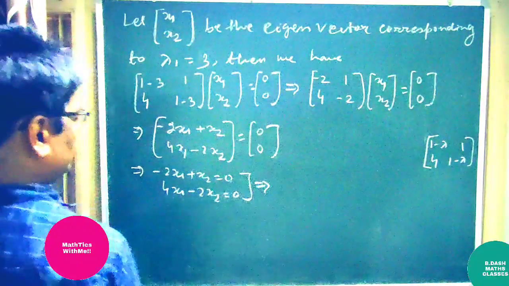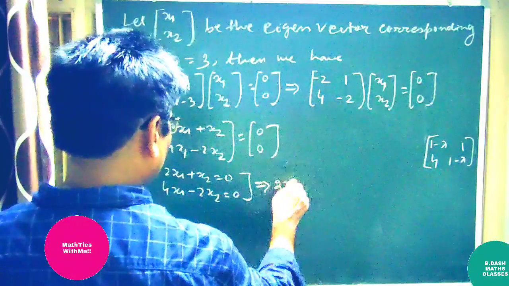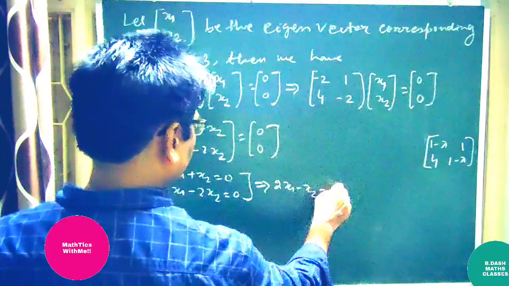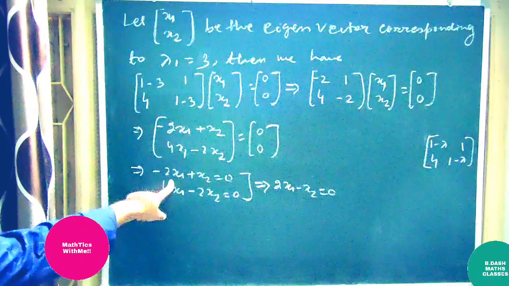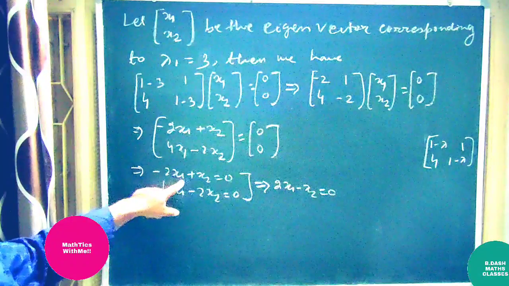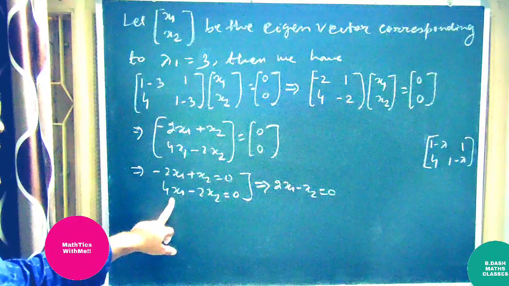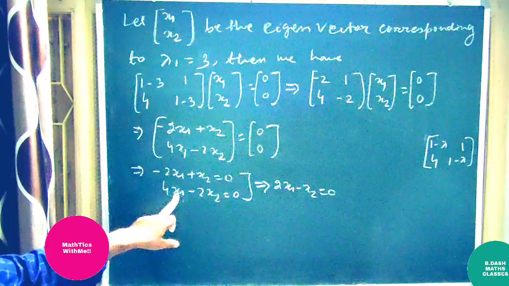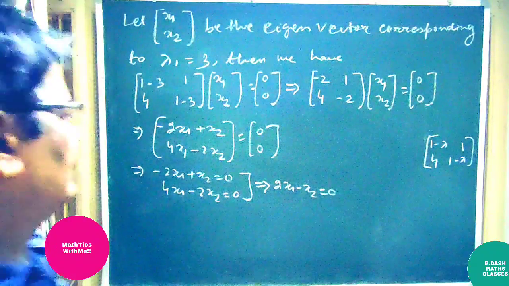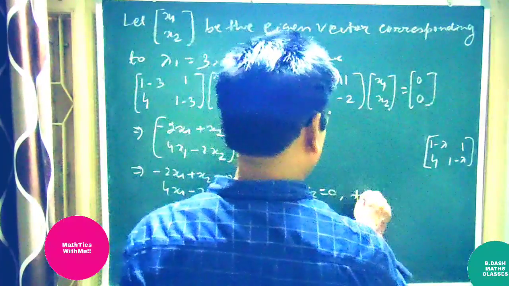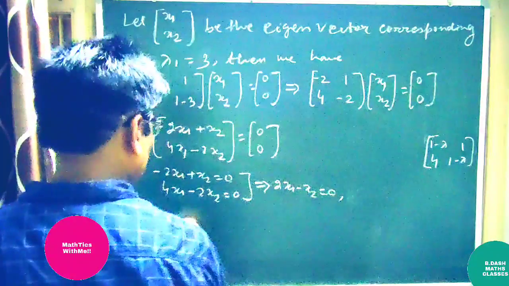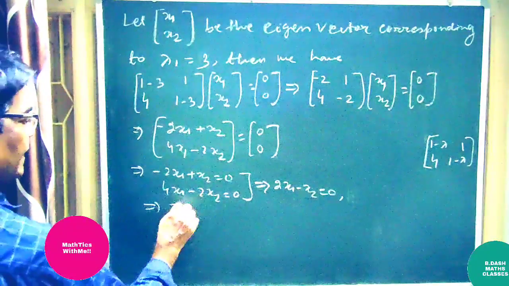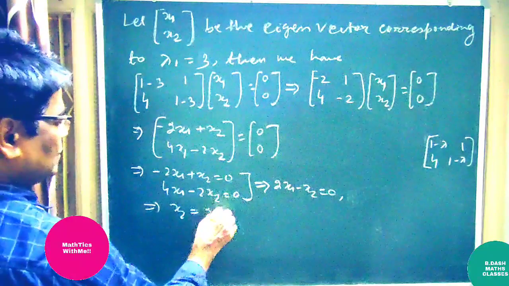So this implies 2x1 minus x2 is equal to 0. Both represent the same equation. If you multiply by minus 1, we will get this, and if you divide throughout by 2, we will get this equation. Now, this implies x2 is equal to 2x1.